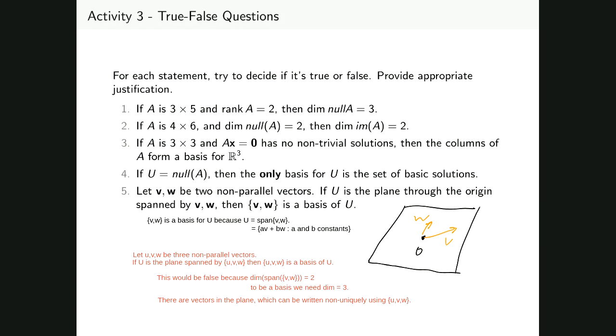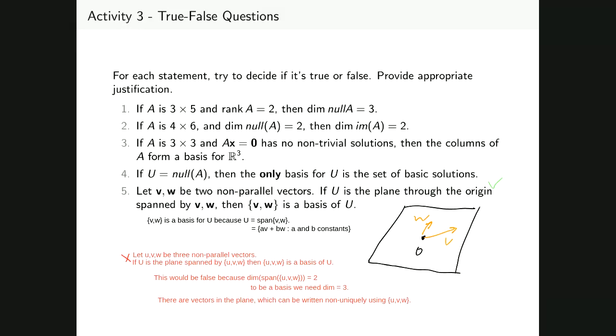The dimension of the span of those three vectors, U, V, and W, is 2. To be a basis, we need the dimension to be 3. In any case, there are vectors which can be written non-uniquely using these, so these guys can't be a basis. Okay, so for this original question, the answer is true. And for this alternate question, the answer is false.